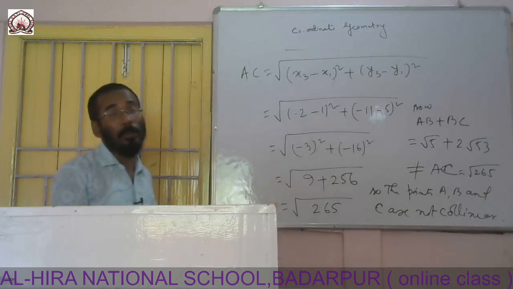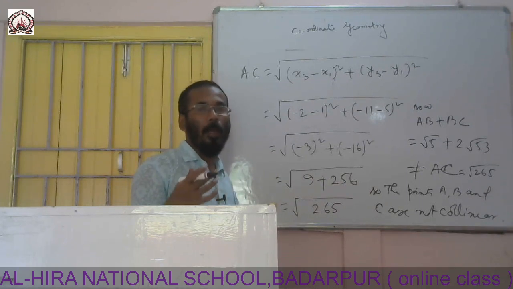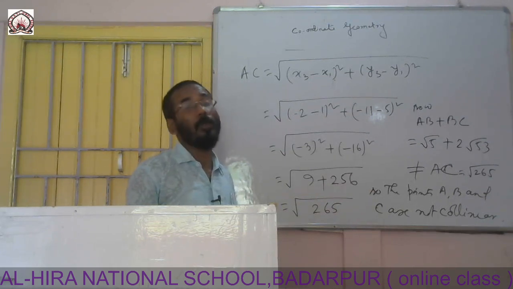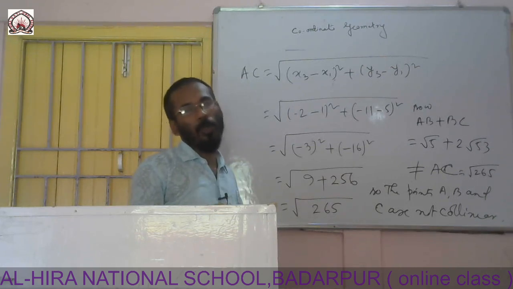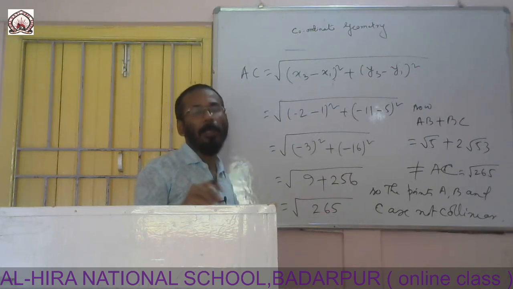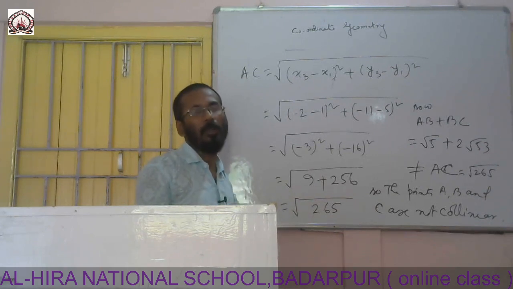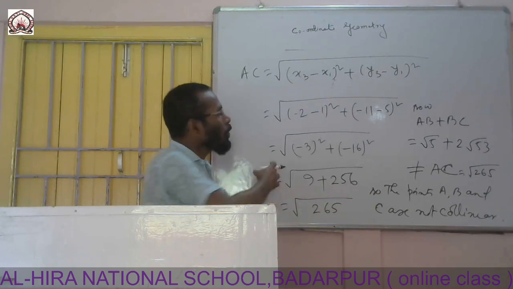This sum can also be done by using the area of triangle formula, which is in chapter 7.3. If the 3 points are in a straight line, then the area is 0. So by using the area of triangle formula, we can do this sum.